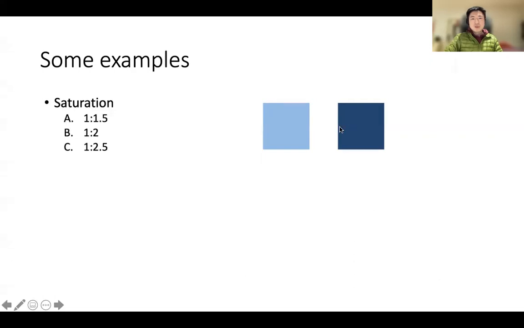If you think the second one is 1.5 times darker than the first one, please pick A. And if you think it's twice as dark, or twice as blue as the first one, pick B. And finally, if it's 2.5 times bluer than the first one, pick C.